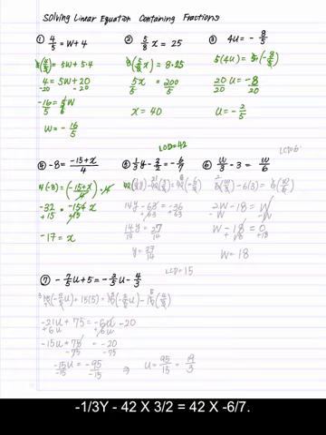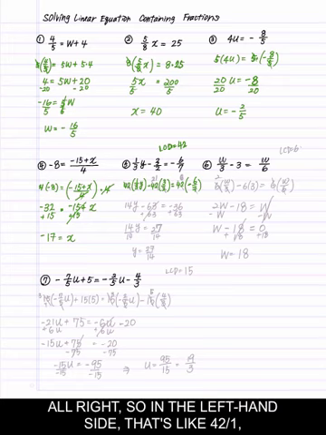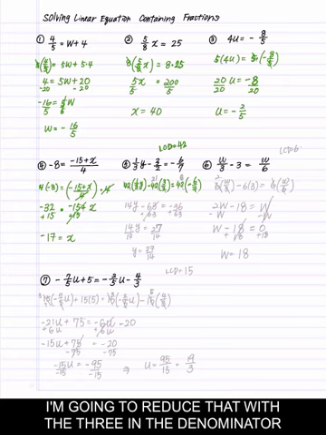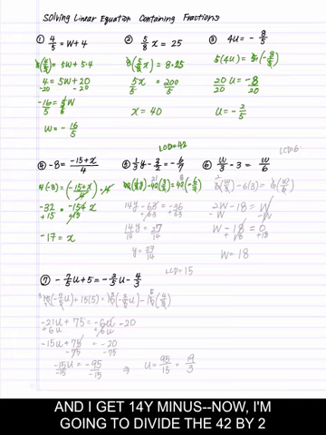Negative 1/3 y minus 42 times 3/2 equals 42 times negative 6/7. All right, so on the left-hand side, that's like 42 over 1. I'm going to reduce that with the 3 in the denominator, and I get 14y.